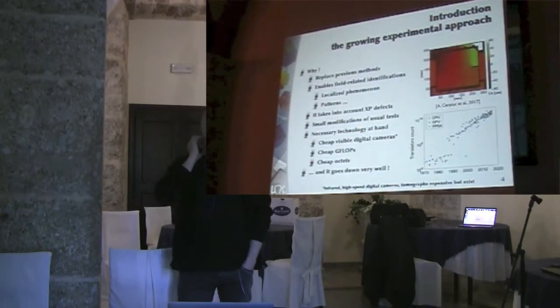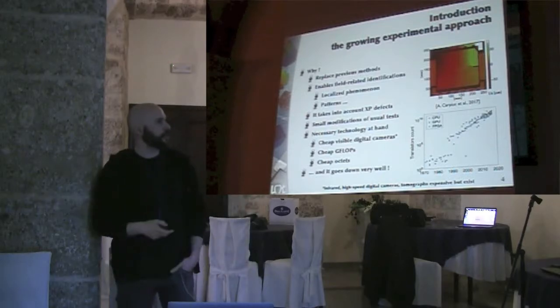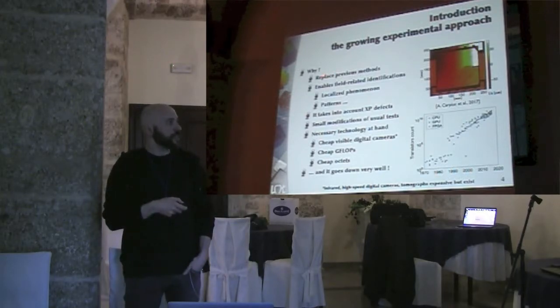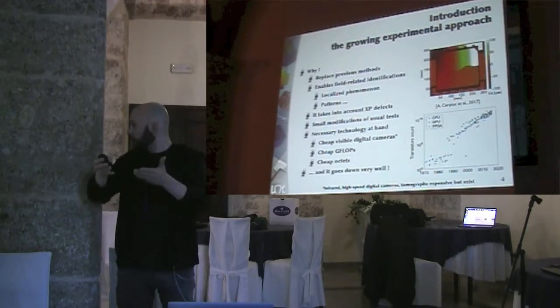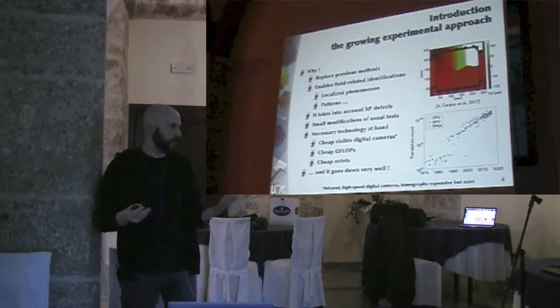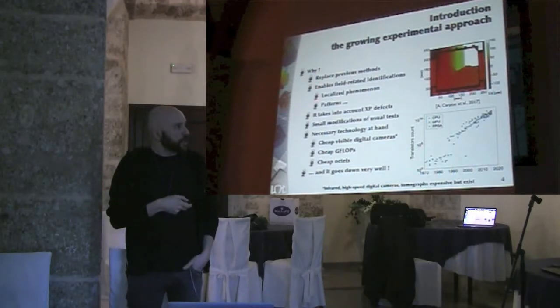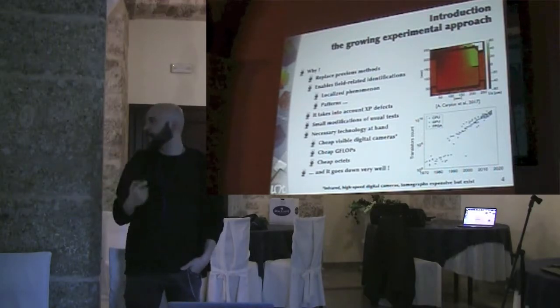Why is it working? Well, it's working and it's spreading in a very fast way, because first it replaces the previous methods. You can do exactly what you were doing before, but with full field measurement, with more robustness and all of that. But also it enables new type of identifications that are field related.